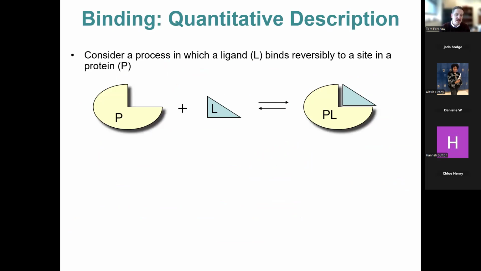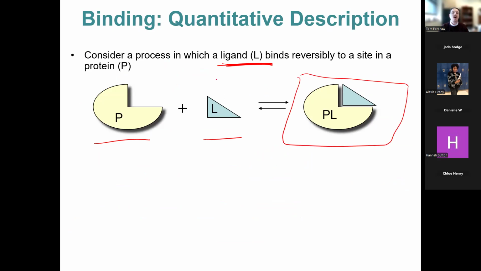And just to break it down simply, we start with a protein, and it'll bind to its ligand to form a protein ligand complex. Now, a ligand is just anything which binds to a protein. It could be a small molecule, such as serotonin or oxygen, or it could be another protein. But a ligand is just something that binds to a protein.